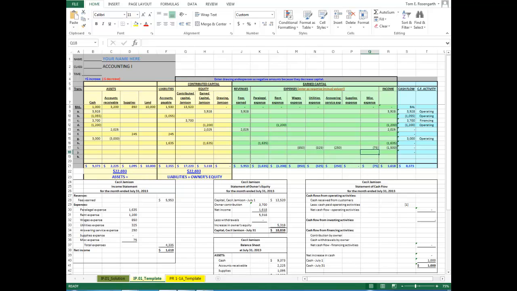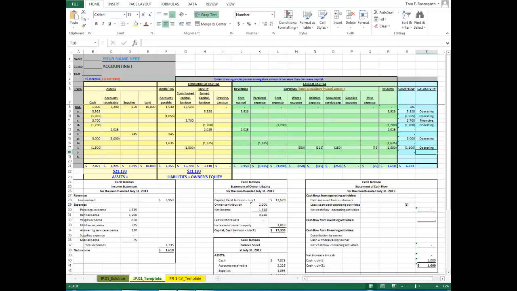Because Cecil Jameson paid these expenses, the cash account would have decreased by the total $1,500. The balance sheet doesn't balance, so there is one other element that we must include, and that would be the decrease in earned capital from the decrease in net income. Now the balance sheet balances. Because there was a reduction in cash, we must show a classification in the cash flow statement as an operating cash flow. Paying bills is part of doing business.